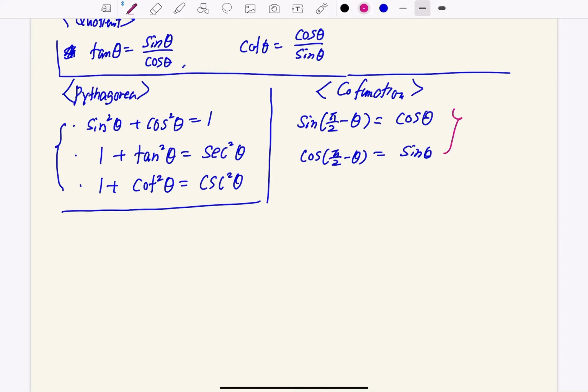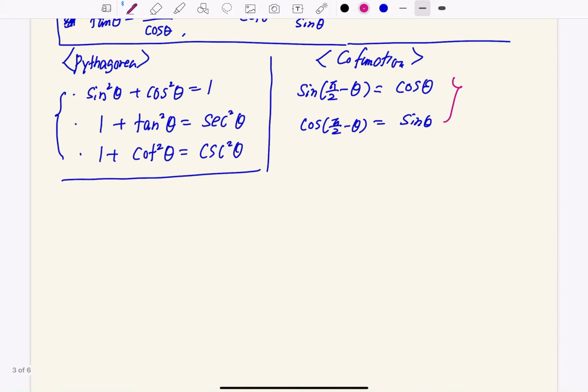Cofunction identity means this: when two angles are complementary, sine and cosine values are the same. Okay? When the sum of two angles is 90 degrees or pi over 2, we call them complementary angles, right? If angles are complementary, sine and cosine are equal.